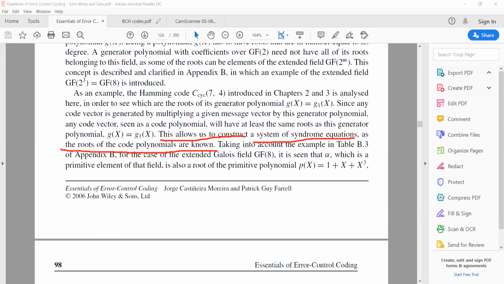So this is the basic intention. In this way we will correct and detect the error bits of the received code by comparing the roots of the received code polynomials and the known generated code polynomials.